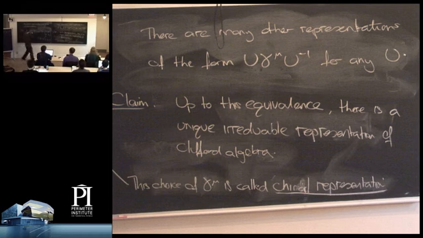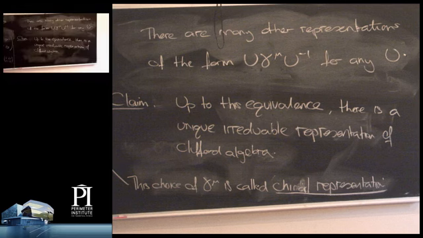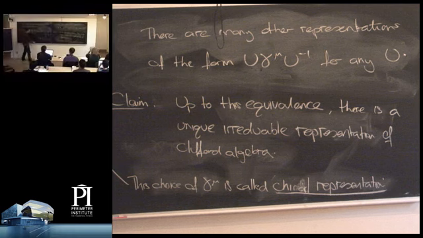And this particular example that we've got here, this particular choice, has a name, and we'll learn why next week, but it's called the chiral representation. This choice of gamma mu is called the chiral representation.